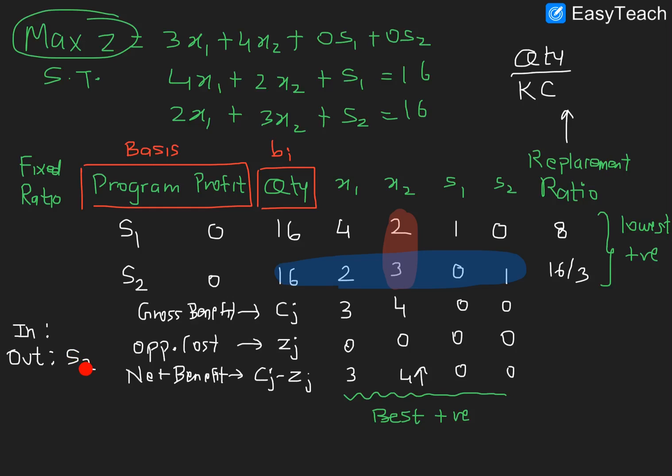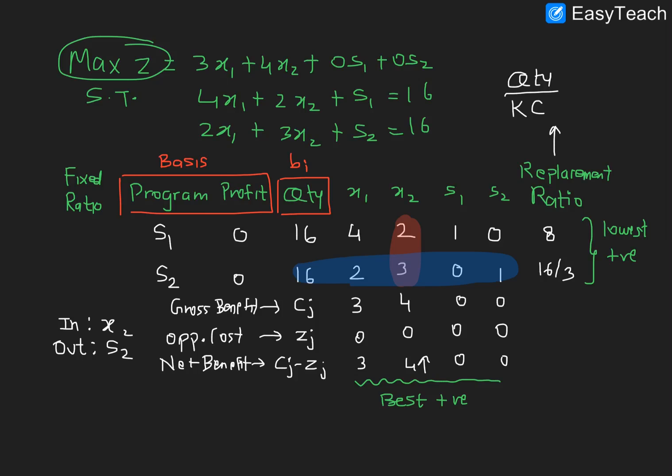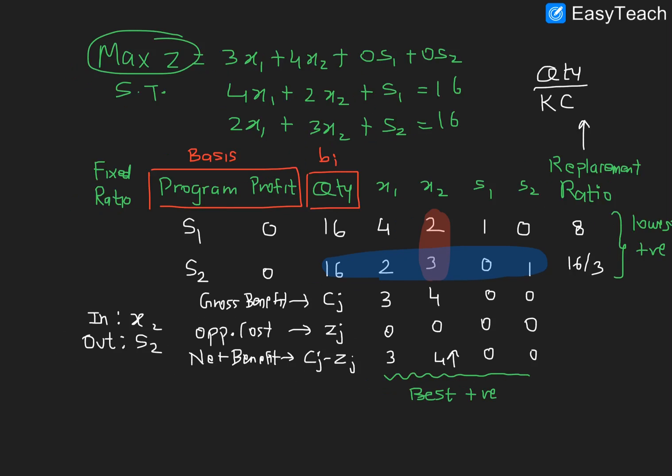So obviously in place of s2, x2 is going to take its position. To put it in the other sense, the incoming variable is nothing but the key column, and the outgoing is simply the key row.